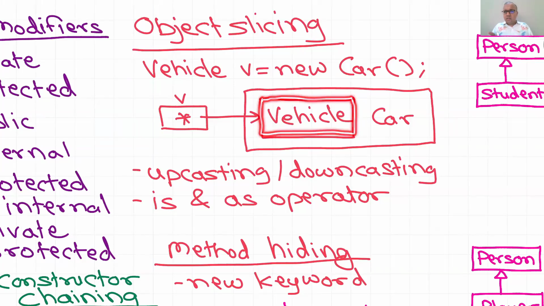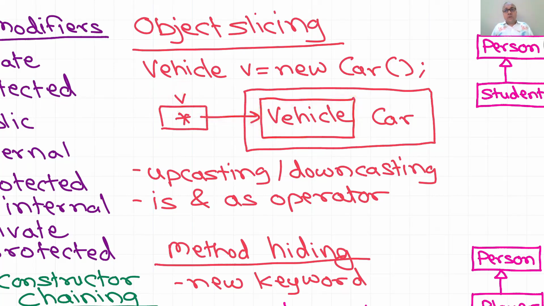That is the reason I purposefully have shown the arrow like this, to indicate that the vehicle reference is technically referring to the vehicle part present inside the car object.